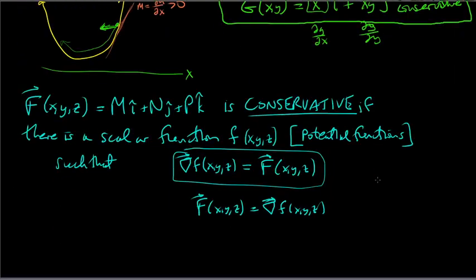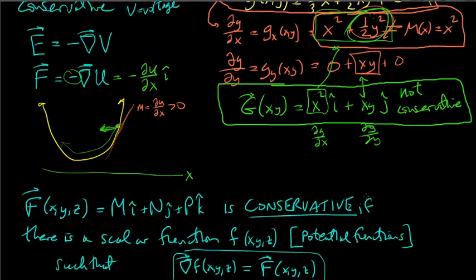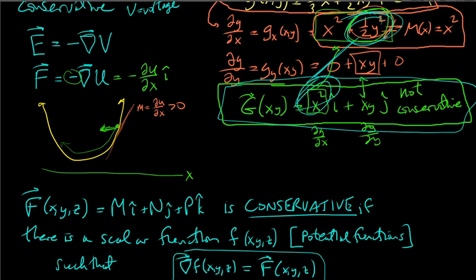And you can see not all vector fields are conservative. G, this vector field here, we already said was not conservative, right? We tried finding the potential function, and we just couldn't make it work. There's no match between what we presume to be the potential function. When we took the partial derivative here, it did not match the component of the vector field that it should have.